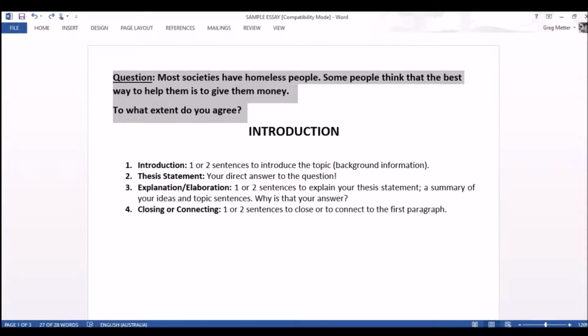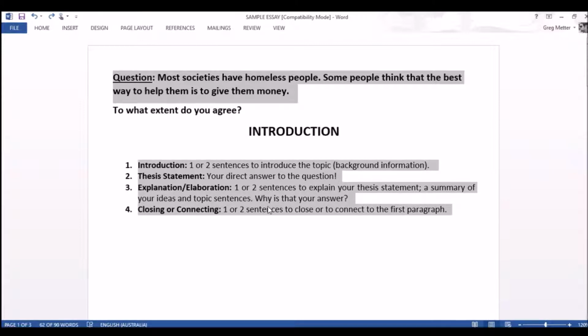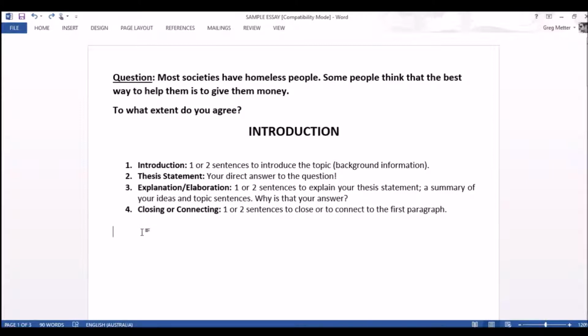Now these are the 4 components to the introduction, just like we discussed in the overview. 1 or 2 sentences to introduce the topic, your thesis statement, explanation or elaboration, closing or connecting. These 4 components need to go into your introduction, and each one has a box during the planning stage. You should remember from the overview.